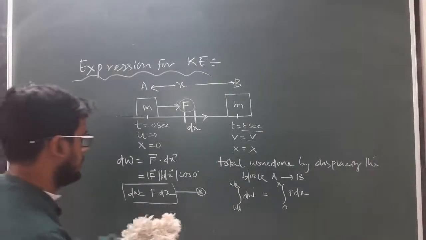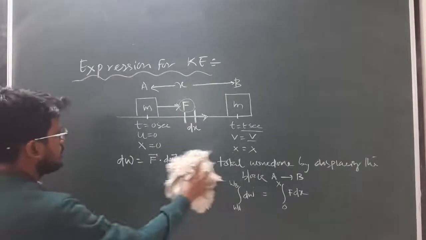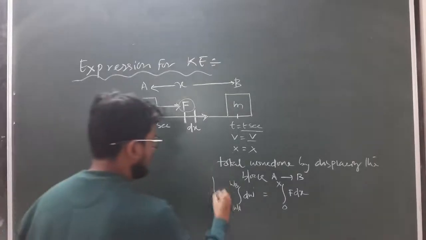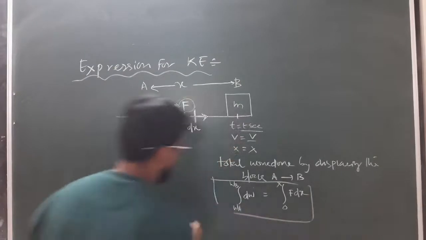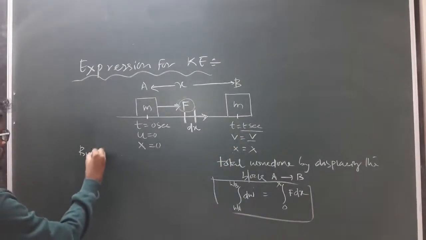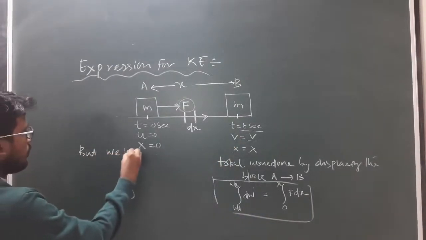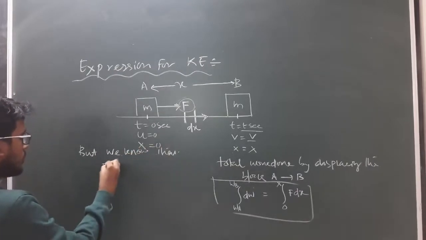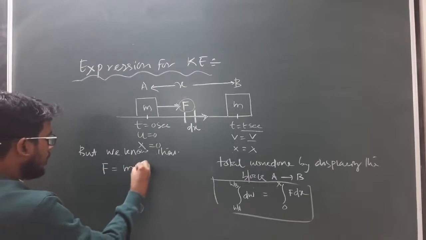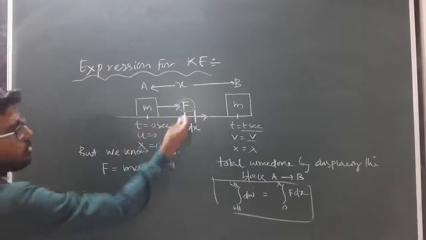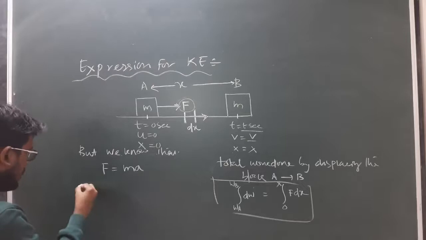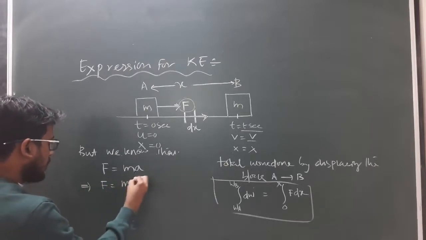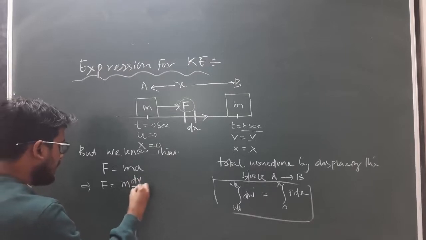Okay, but we know that F equal to how much? M into A. Force is equal to mass into acceleration. So acceleration can be written as dv by dt.